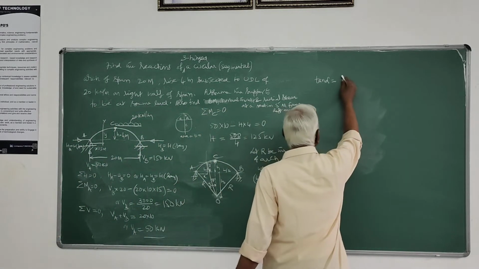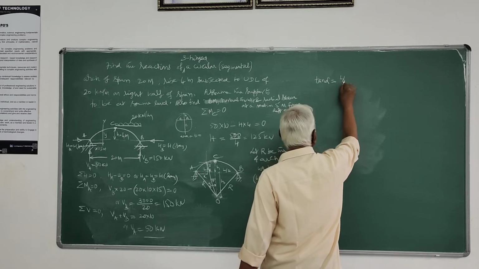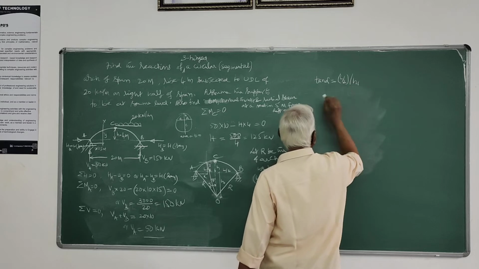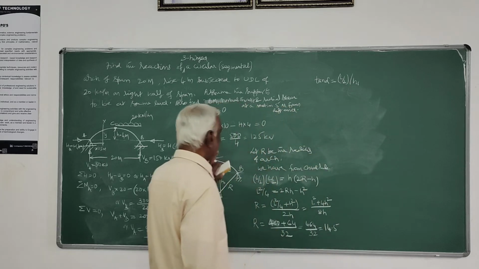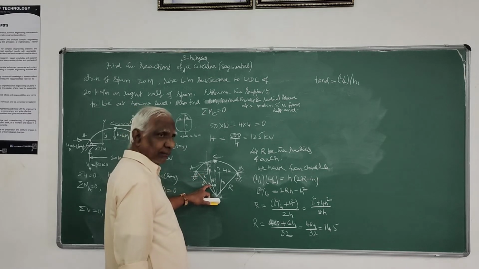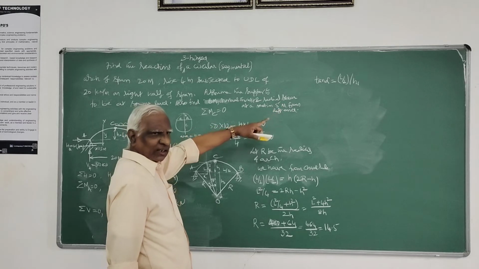So tan alpha is equal to L by 2 divided by H1. So if I determine alpha, then this H1 can be evaluated.